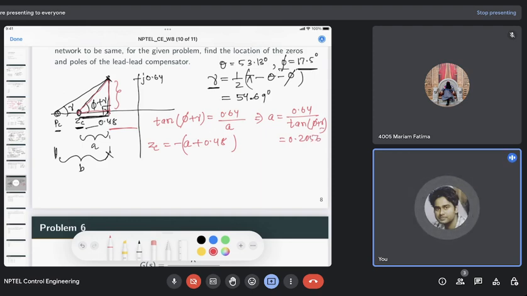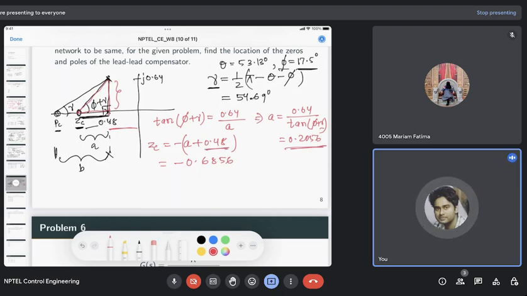The zero location Zc will then be this plus 0.48, so it is minus 0.6856. This sum with a negative sign gives the zero location.